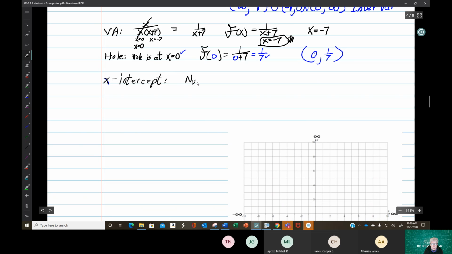I would take the numerator, set it equal to 0, solve for x. But there's no x. That means no x-intercept. Does that happen all the time? No. Often you have one or even two x-intercepts.